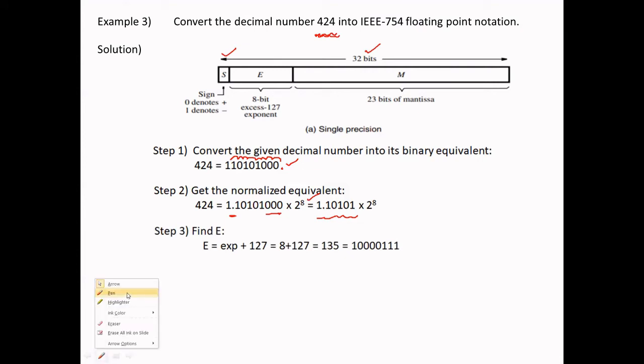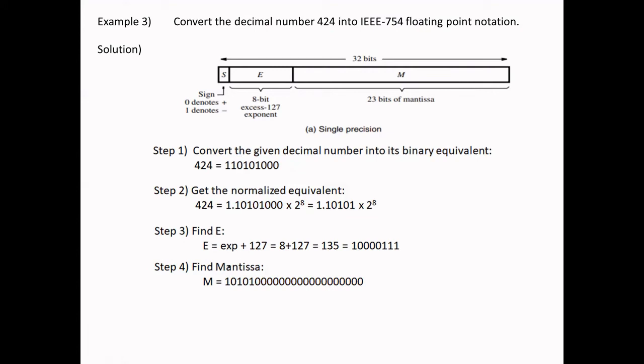Now find capital E. Capital E is nothing but the biased exponent. We already got the exponent 8, so 8 plus 127 gives 135, and we convert it into its binary equivalent. Now find the mantissa. The mantissa is available here, 10101, and the remaining all zeros, that is the 23-bit mantissa.